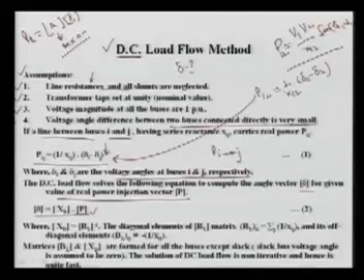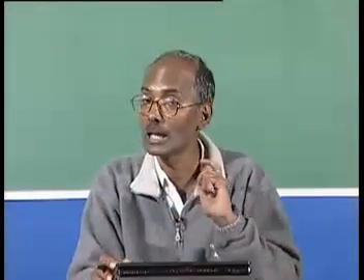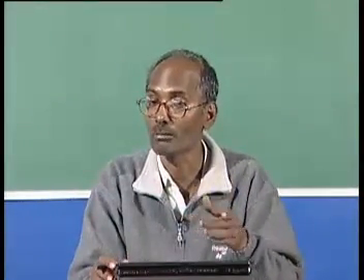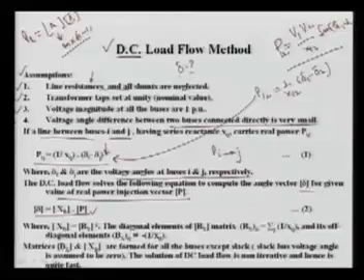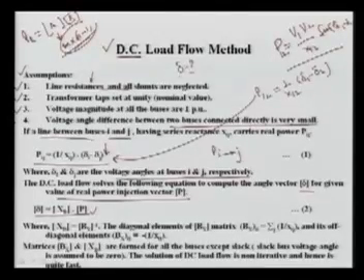So here I can say it is an N minus 1 matrix. M, the number of lines in the system, is always more than or equal to the number of buses, and with N minus 1 the matrix is not square, so you cannot invert it and cannot get the delta. Now we can use some other expressions for calculating this.